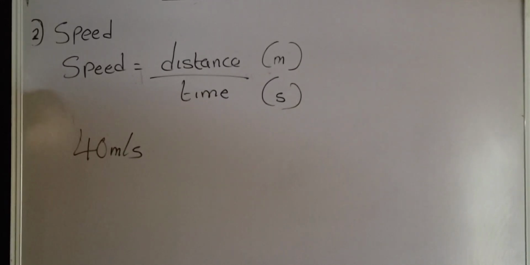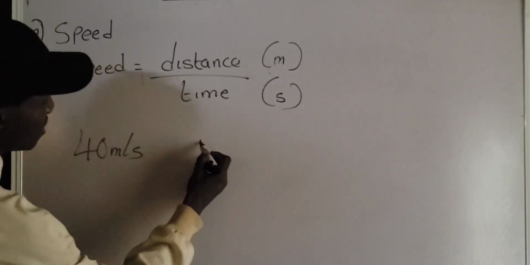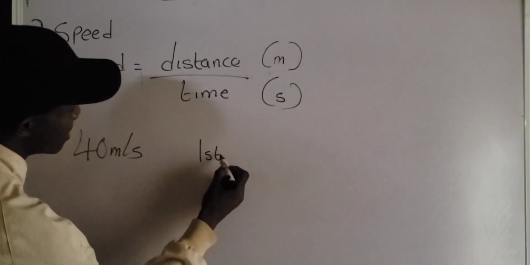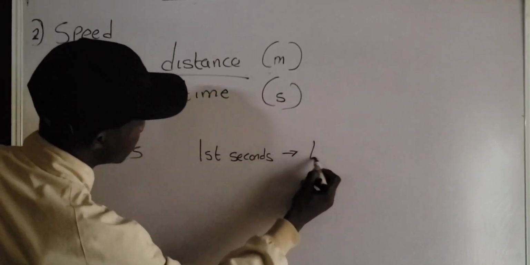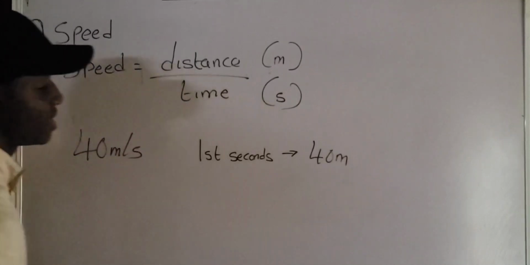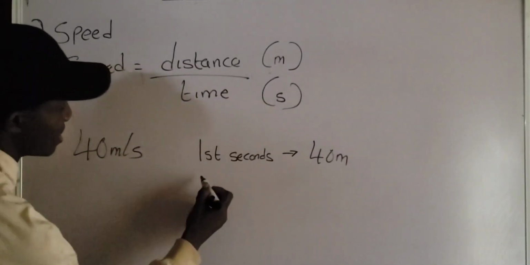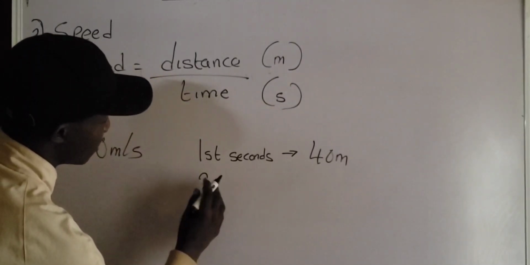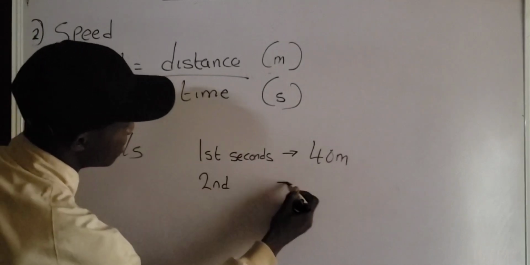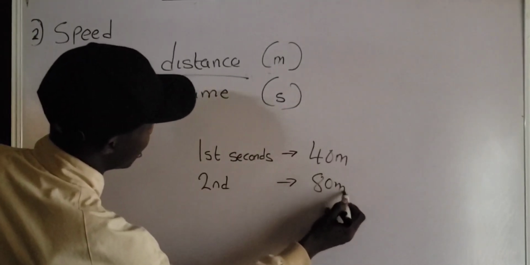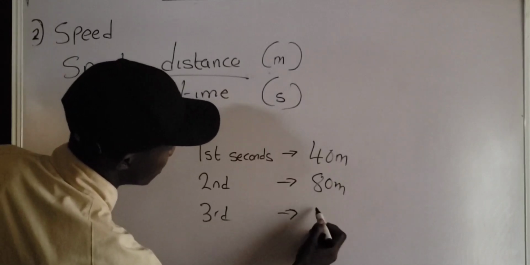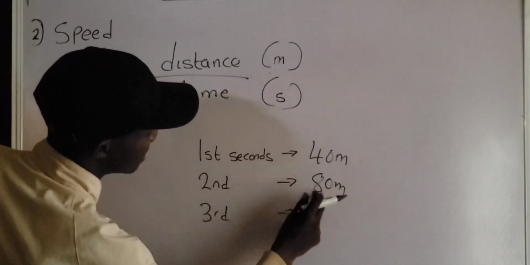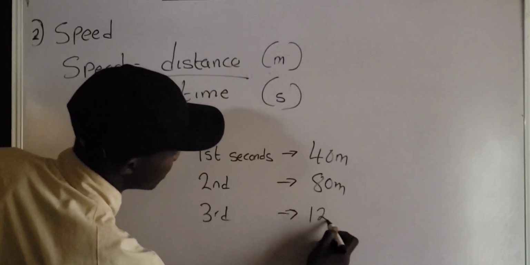So for the first second, the distance is 40 meters. The next second, the distance is 80 meters. For the third, that is 80 plus 40, that is 120 meters.